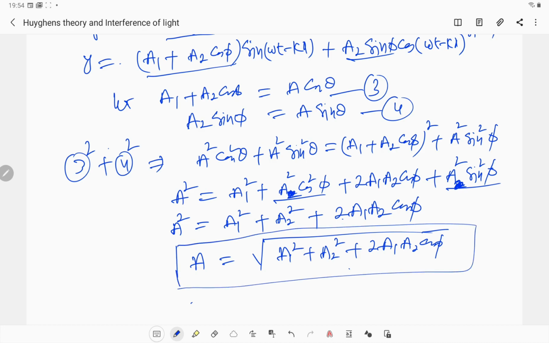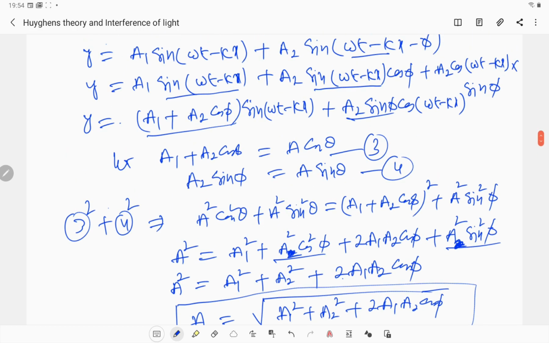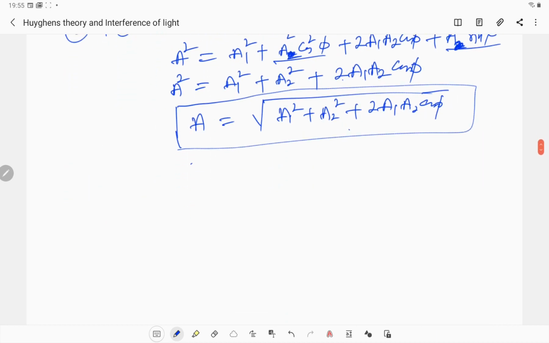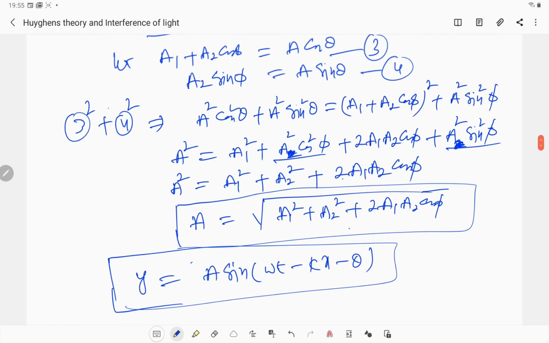See, this is the resultant amplitude. If you substitute equations 3 and 4 in this equation, that becomes y is equal to A sin(ωt − kx − θ). This is the resultant equation. Here y1 and y2 are two harmonic waves.